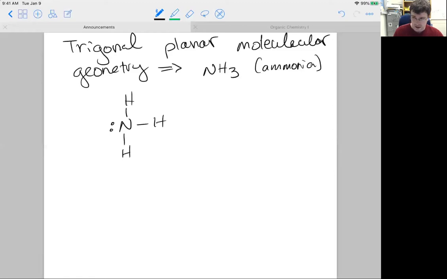And with all of that together, we have 8 electrons for an octet. Now, what I want you to notice is that the nitrogen has a few things to note here. 4 things.